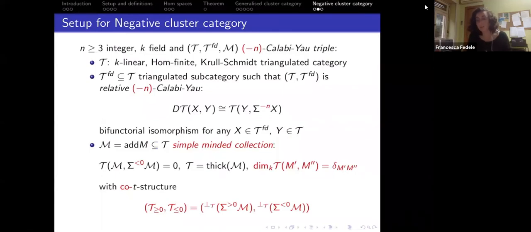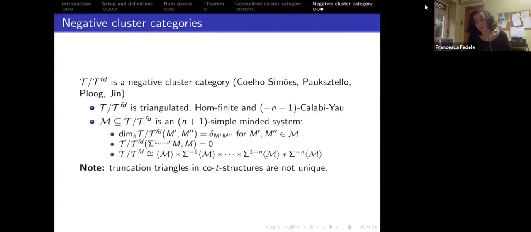And we can use that to reprove the relevant properties that make T over T^fd a negative cluster category. And these negative cluster categories have been studied.